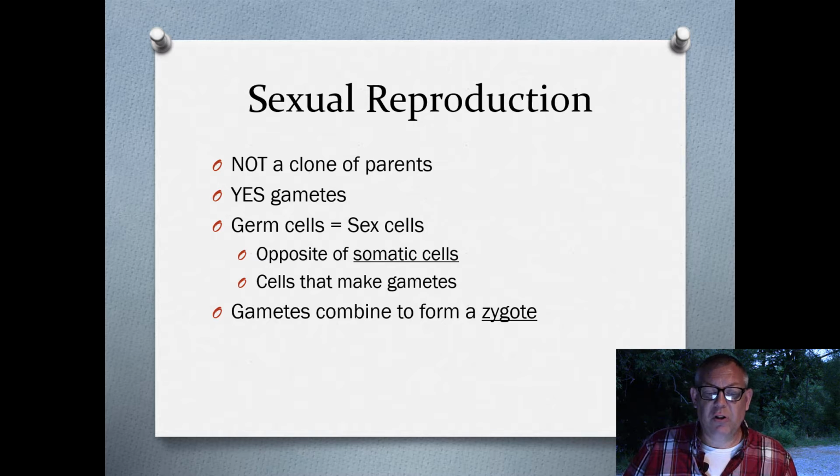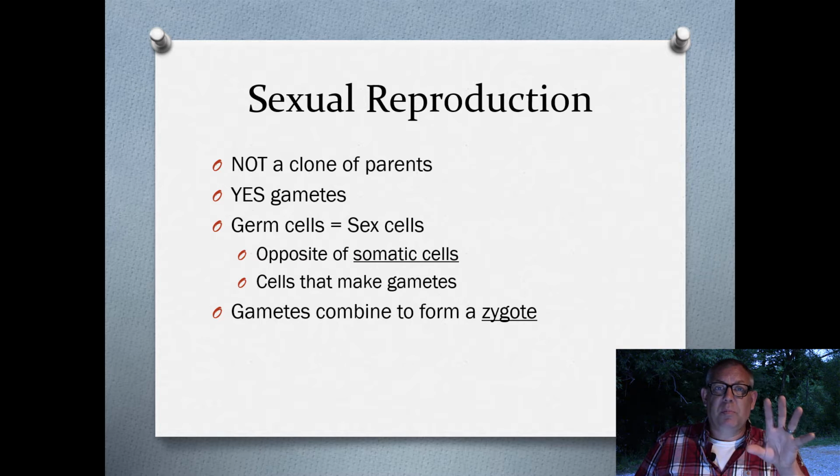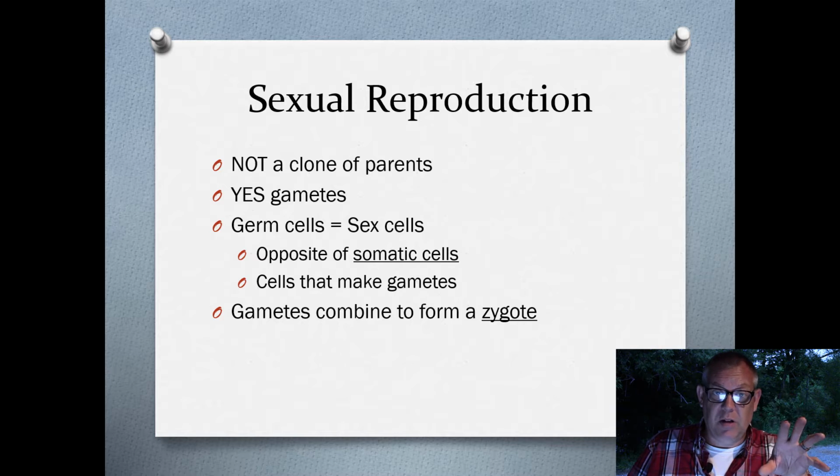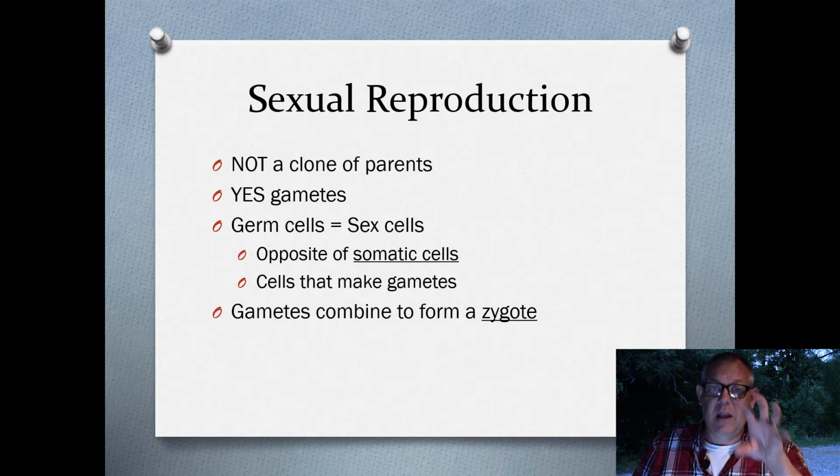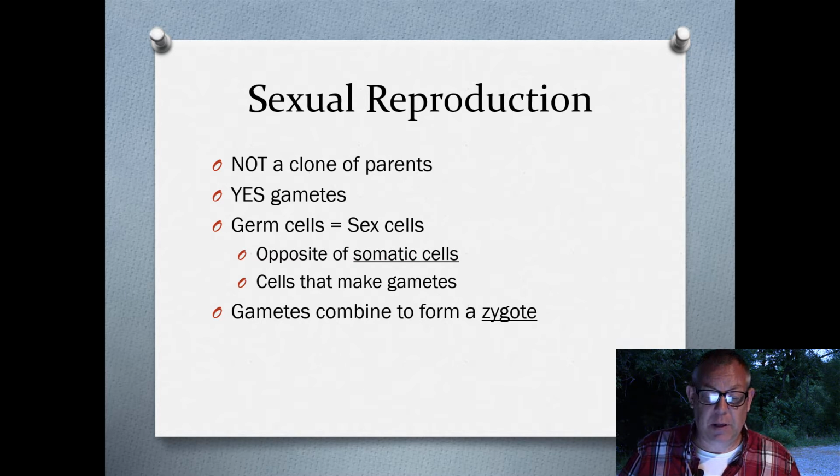So sexual reproduction is not a clone of the parents. Now remember, the offspring in sexually reproducing organisms have similar traits to their parents, right? That's natural selection: those organisms that are well suited to an environment tend to stick around and reproduce. And so their traits tend to stick around, but sexual reproduction gives you new combinations of those traits. Of course, this is accomplished through the formation of gametes and meiosis.